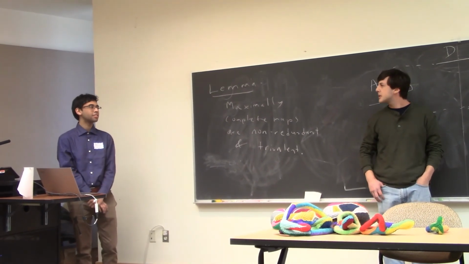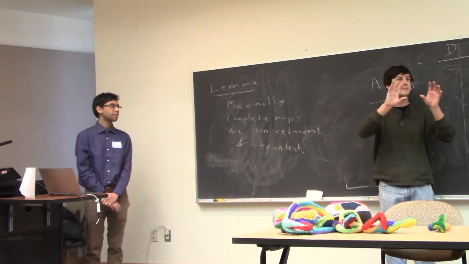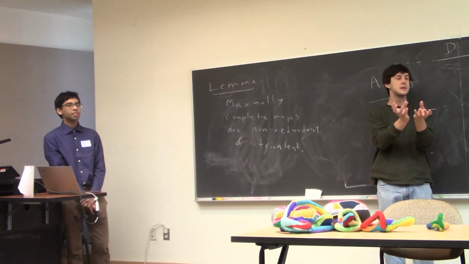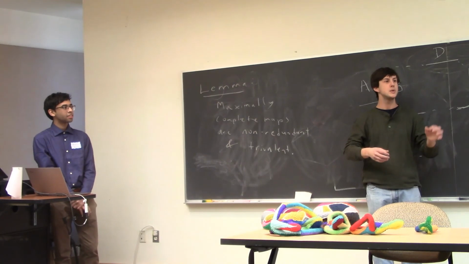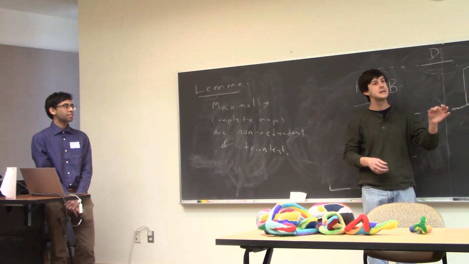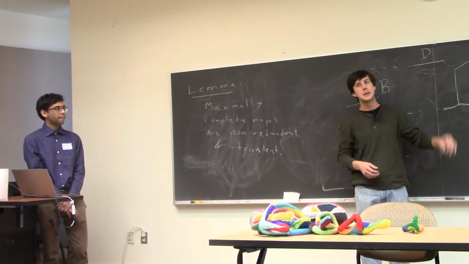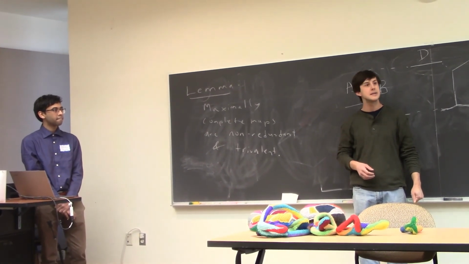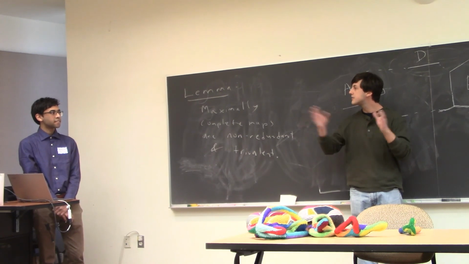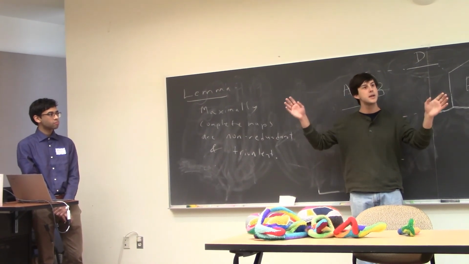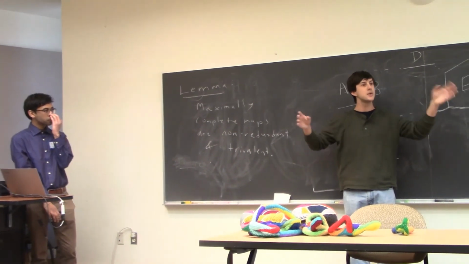Imagine you have some surface, some maximally complete map on that surface, and you cut out a disk that's just a small neighborhood of a vertex. I think that should be a way for transferring between a surface without boundary and a surface with boundary.